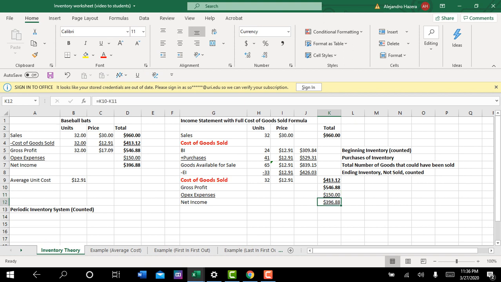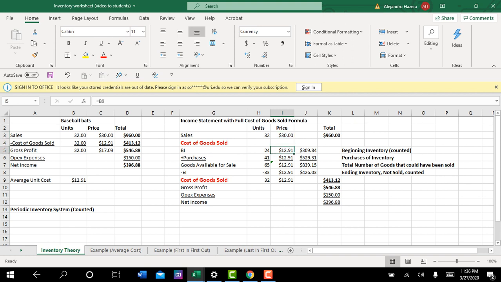That's simple enough. The only problem with what I've been assuming here is that I'm assuming two things. Number one, I'm assuming that the sales price hasn't changed, and we're going to keep that assumption. Sales price stays at 30. What is a very unrealistic assumption, though, is that this is an average cost. I've been saying that this $12.91 is an average cost.